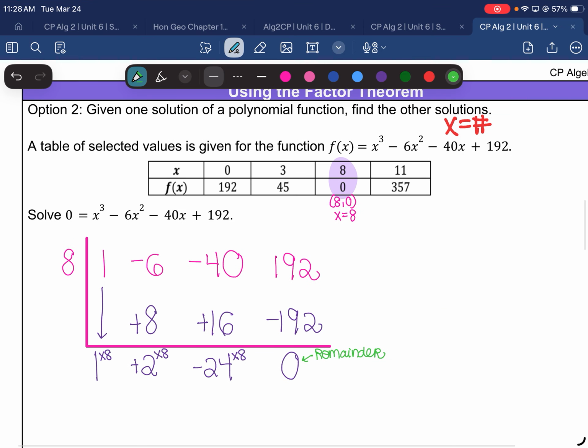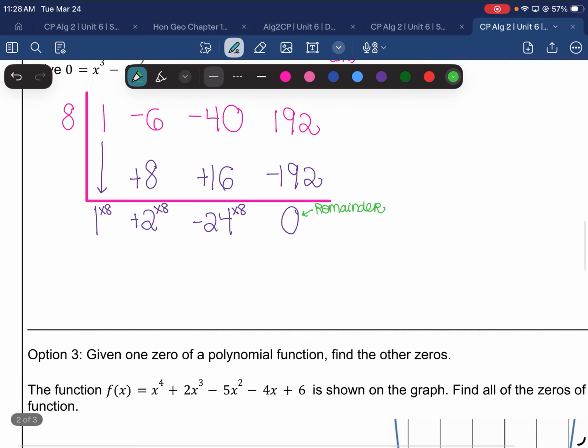Now remember, I told you your answers are going to look like x equals a number. You already know one of those numbers right there. But you have 2 more because you told me that there was going to be 3. So what do I do with that? The 1, the 2, and the negative 24. Annabelle?